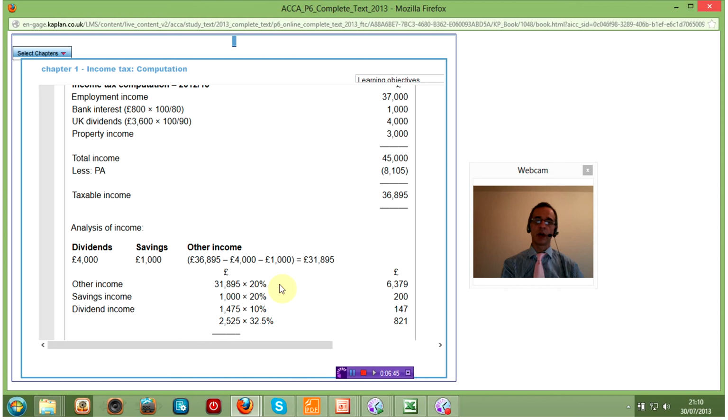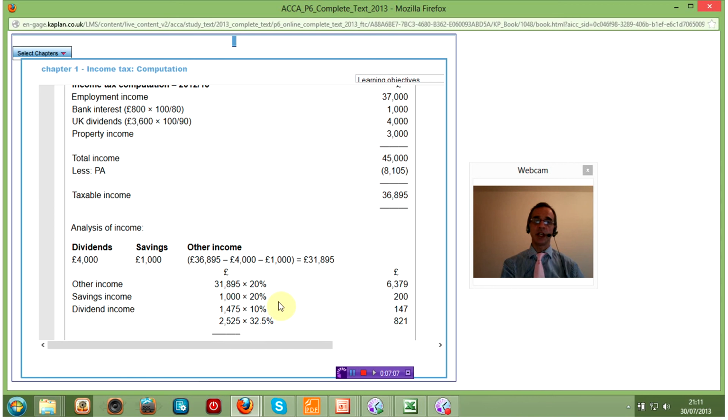So really what we've got here is a sort of graded use of percentages against particular types of income. So as I said, the other income will be taxed within the basic rate band at 20%, savings income at the same rate, and dividends within the basic rate band at 10%.